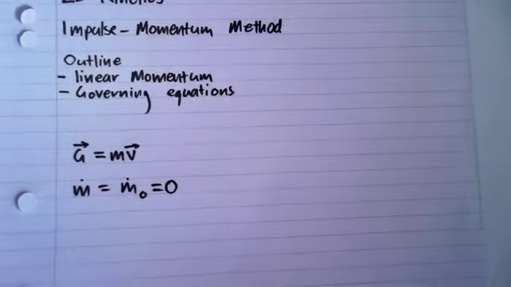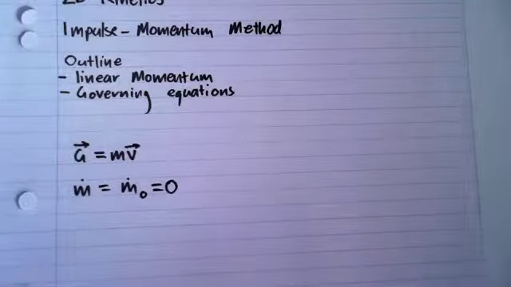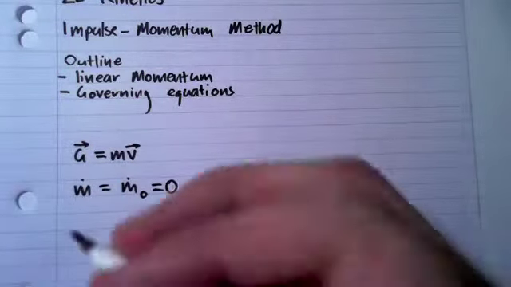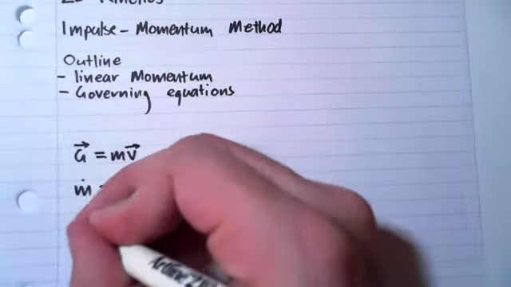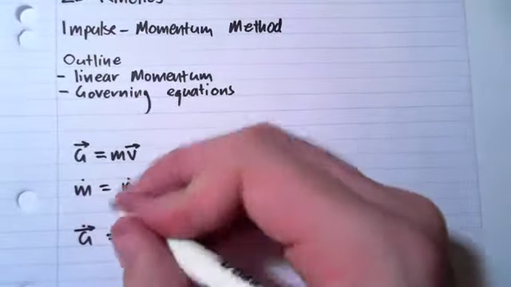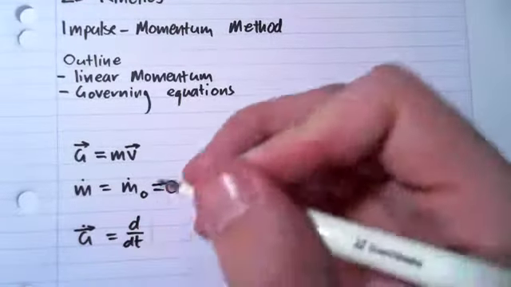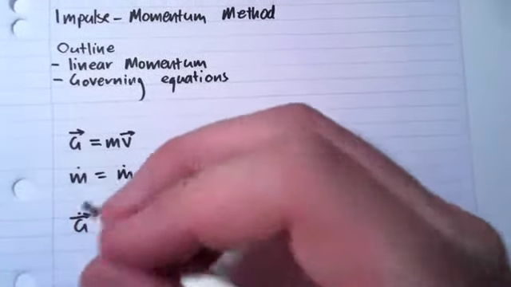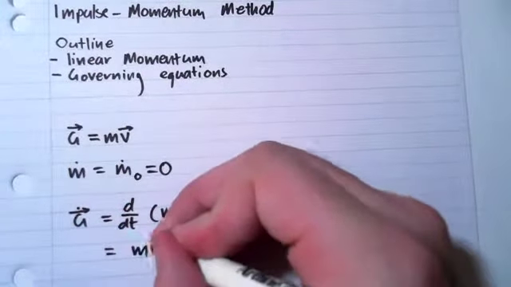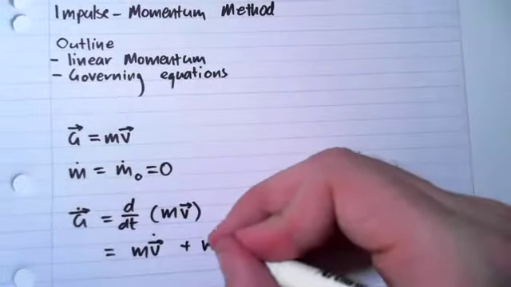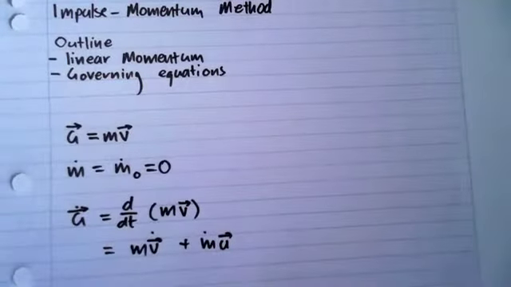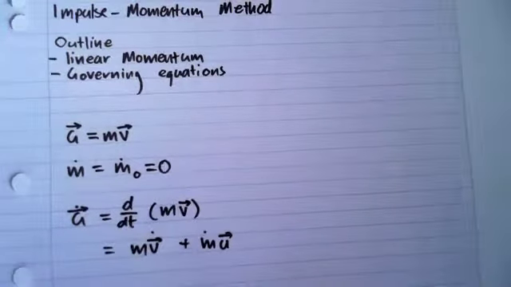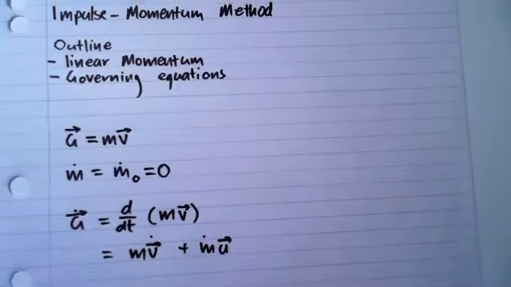Which is a convenient relationship if we consider the force as the time rate of change of linear momentum, like so. If we say that G dot equals the time rate of change of mass multiplied by velocity and use the chain rule, we end up getting m v dot plus m dot u, where u is the relative velocity of the mass flowing out of the rigid body, which is 0.